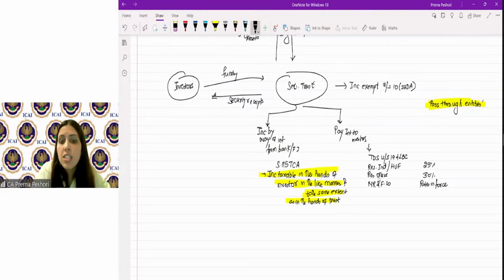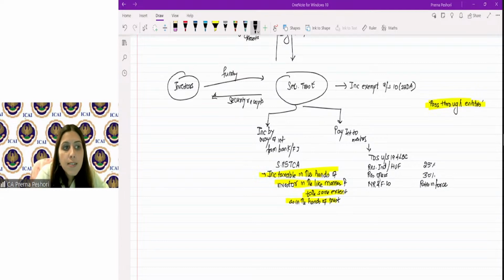What do you mean by rates in force? The rates in force basically means the rate provided under the Act or the rate under the DTAA, whichever is beneficial.